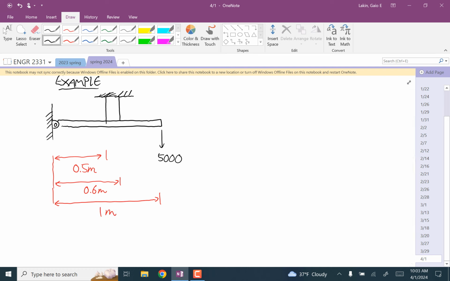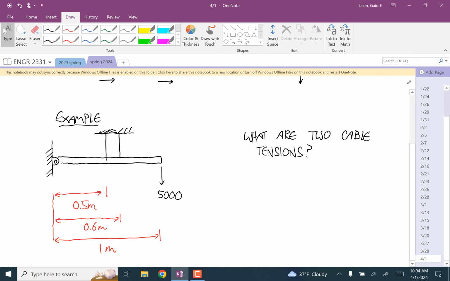Okay, and we want to know what are the two cable tensions? Well, if you want to eyeball this to figure out whether this is statically determinate or statically indeterminate, notice that if we got rid of one of those cables, it would still be in static equilibrium until the cable broke.